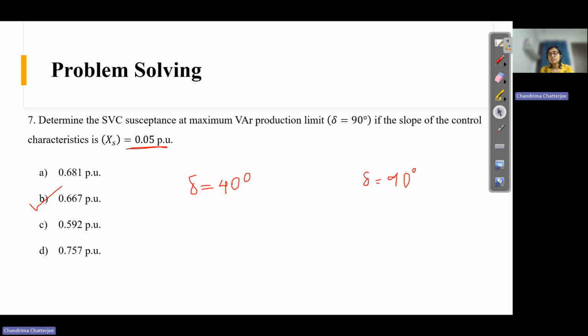Now for these two cases, we considered Xs equal to 0 and Xs is equal to 0.05, right? So when the slope is equal to 0, and when there is a positive slope, X is equal to 0.05. And similarly for delta equal to 90 degree, right?